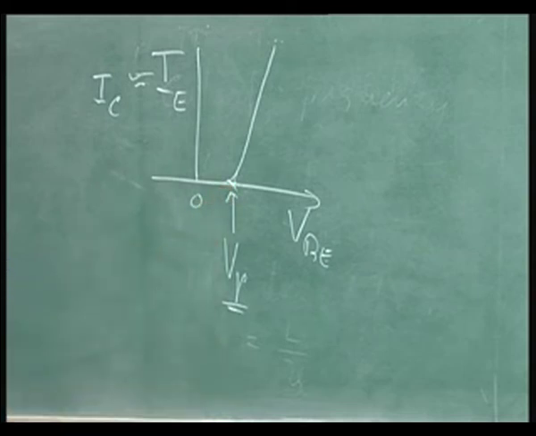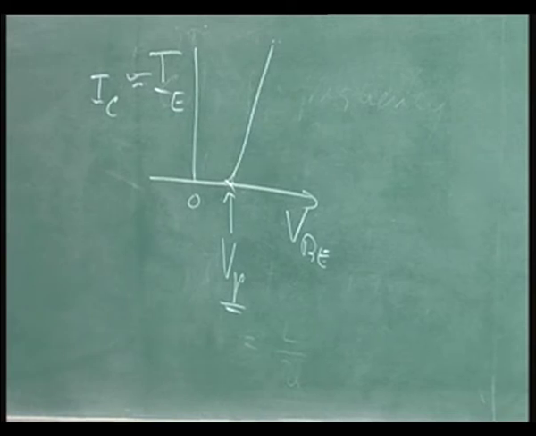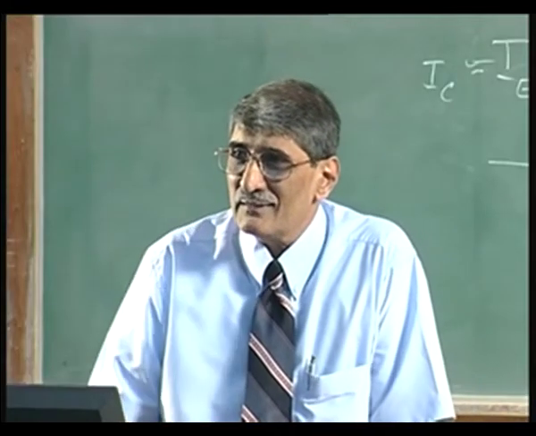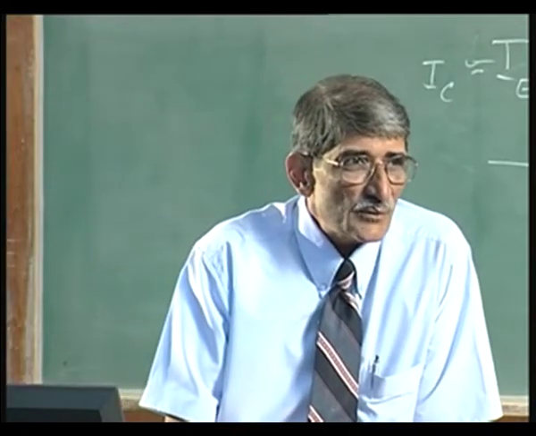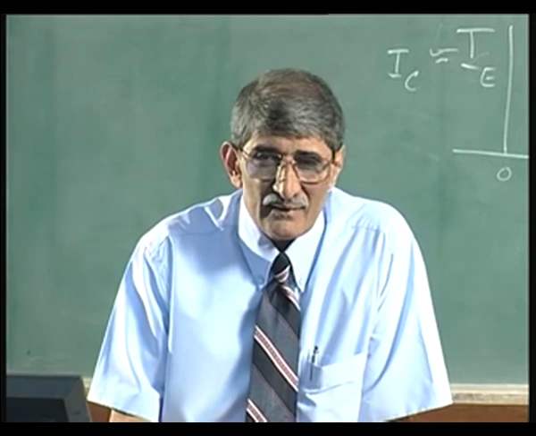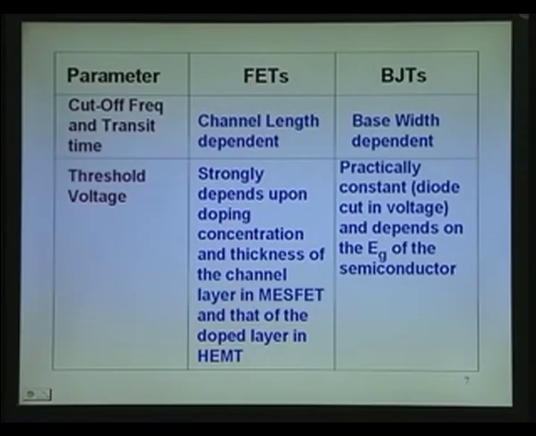The moment you fix the material, cut-in voltage is fixed, threshold voltage is fixed. That is one of the biggest benefits of bipolar transistor. You do not have to worry about change in the threshold voltage over the wafer. One end to the other end, it will be the same cut-in voltage, same threshold voltage. So, that is a big merit of bipolar transistor compared to FETs.